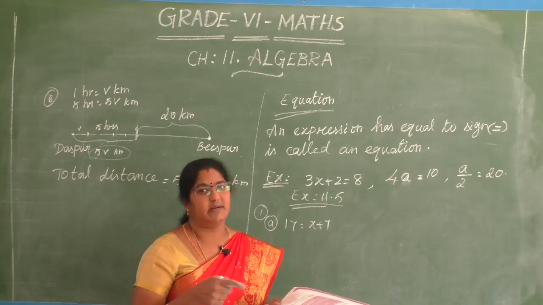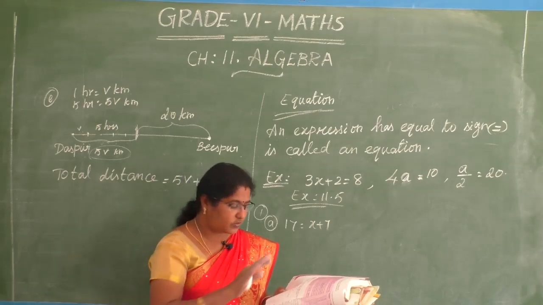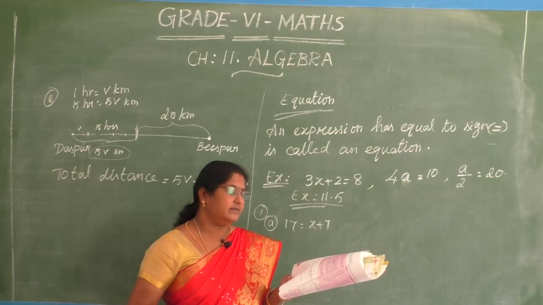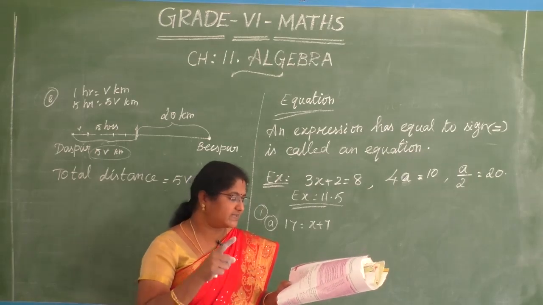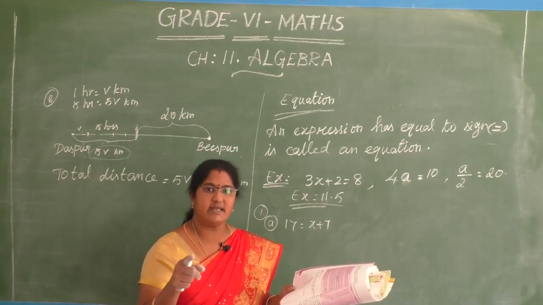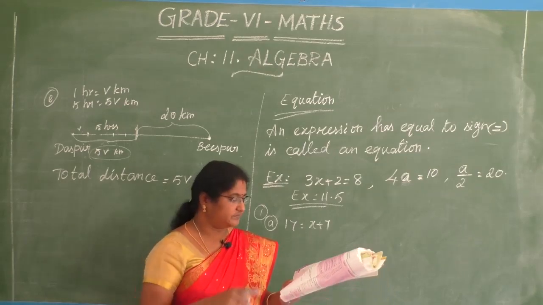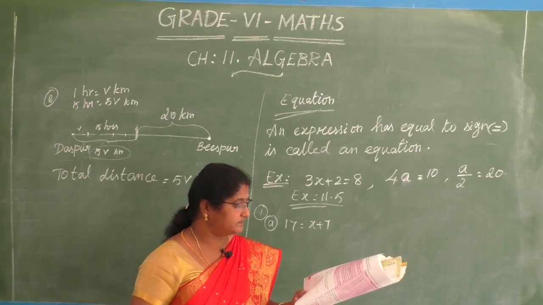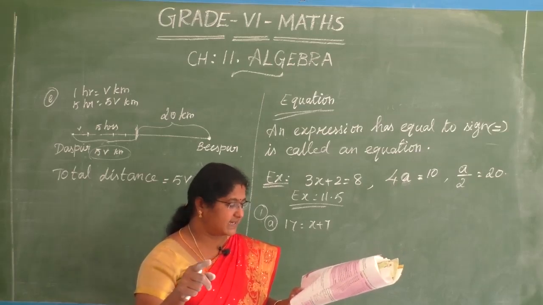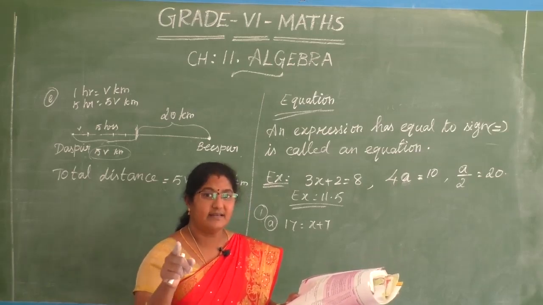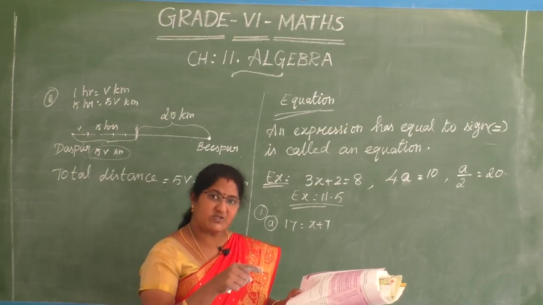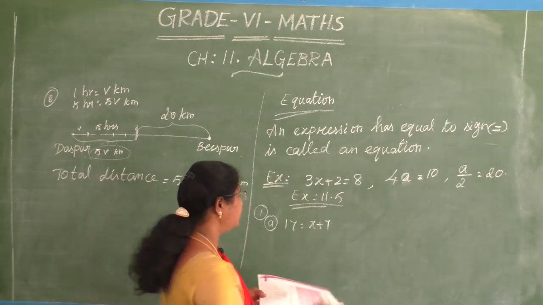Equal to sign is there, but no variable, so it is not an equation. D also has no variable, 7 into 3 minus 19 equal to 8. There is no variable, so it is not an equation. Next, E question, 5 into 4 minus 8 equal to 2x. X is there, and the equal to sign is also there, so it is an equation.